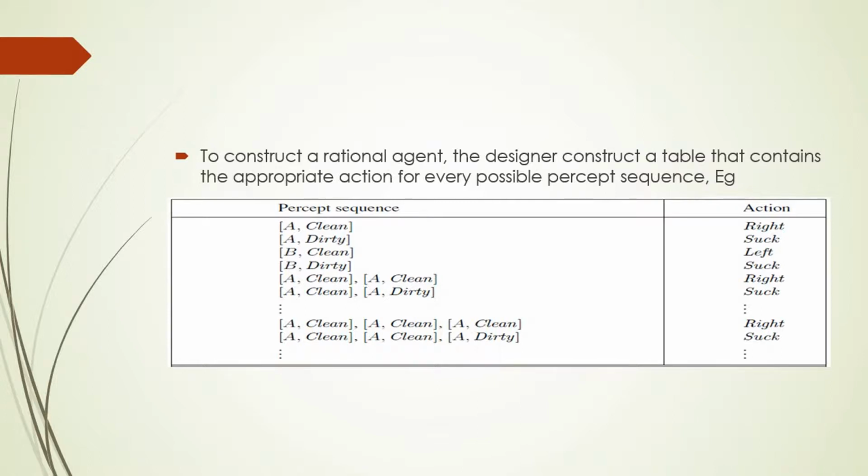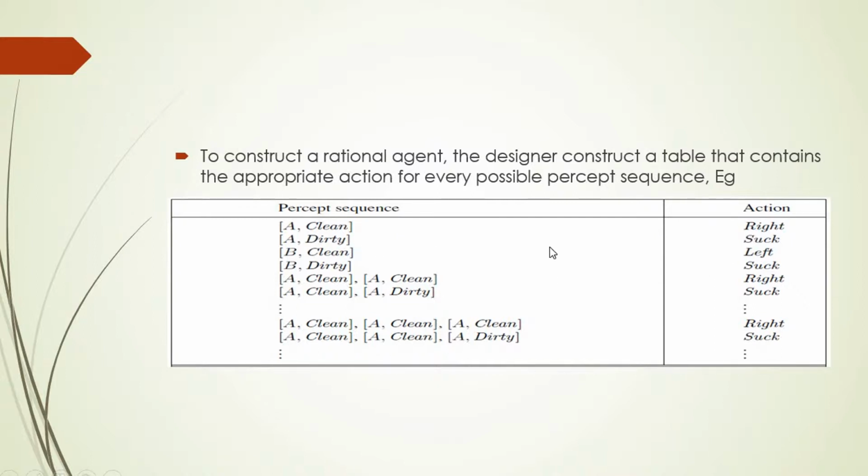For our previous example, that of the robot that does the cleaning, a table will be developed like this one, which we can see, whereby we list the percept sequence against the action that needs to be taken. So it is the designer, you, who will be designing the agent, who needs to come up with this kind of table. For example, if square A is clean, then move to the right.